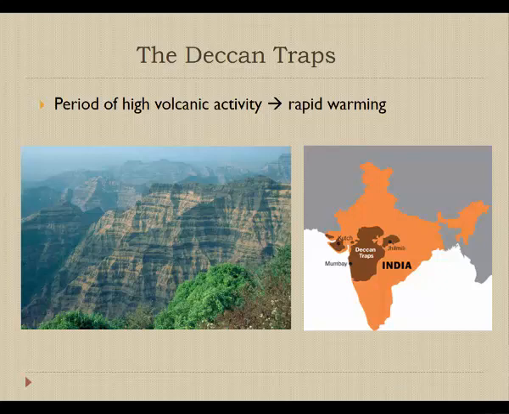And all this volcanic activity that created these lava flows spewed quite a bit of greenhouse gases into the atmosphere, which warmed the atmosphere and was one of the things that contributed to the demise of many reptiles and many of the dinosaurs towards the end of that period of geologic time. So anyway, this just again illustrates that there's a strong connection between geologic activity and atmospheric activity.